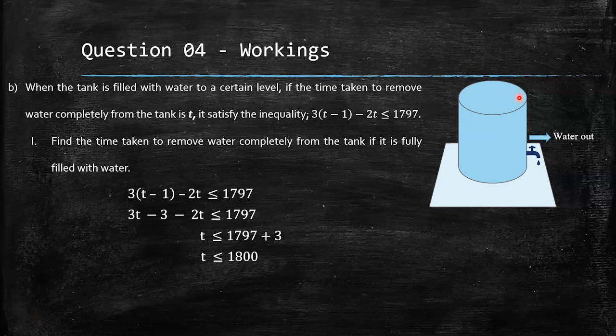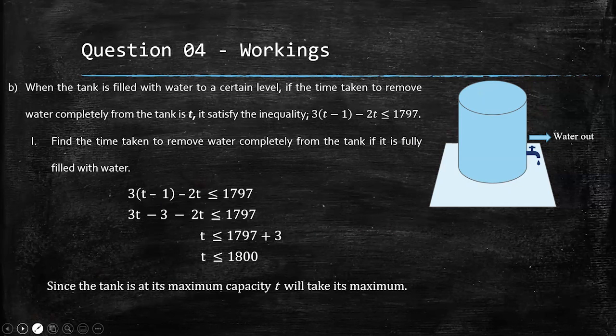It is obvious that t3 will be the highest time taken since it is fully filled, right? The time taken to remove the water completely from the tank, if it is fully filled with water, is higher than the other capacities. So since the tank is at its maximum capacity, t will take its maximum.